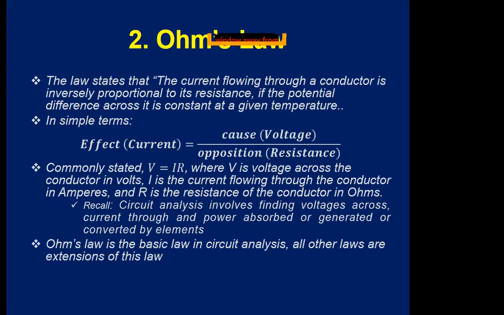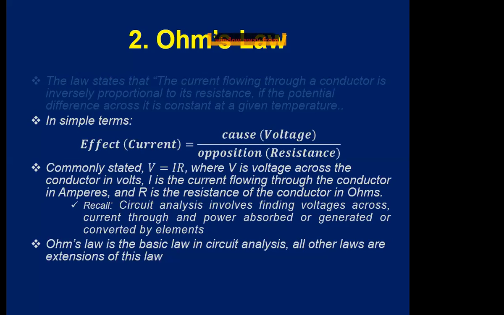So when I'm talking about proportionality, remember there should be a proportionality constant. So when you say the current is inversely proportional to resistance, we are now saying there's a proportionality constant in the form of the voltage at a given temperature.